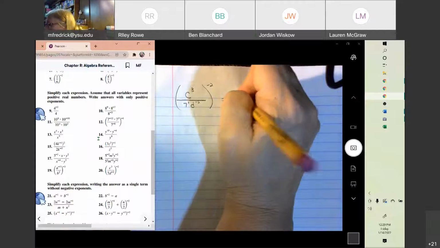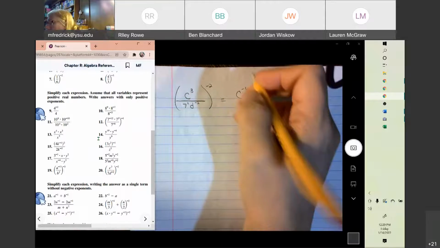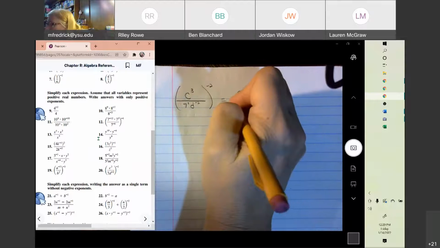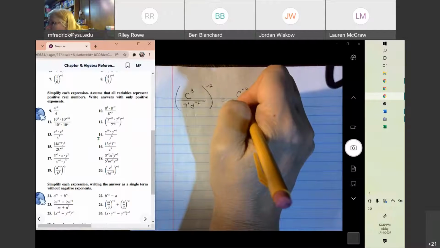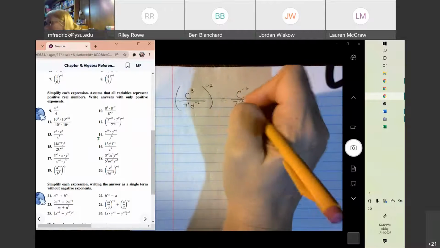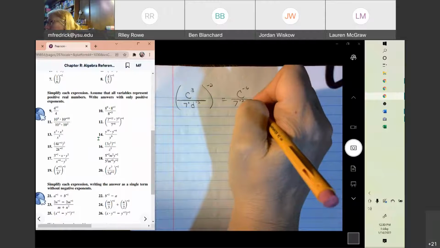So it would be c, 3 times a negative 2 is a negative 6. And it would be 7 to the negative 2, it's negative 2 times 1. And then d, negative 2 times negative 2 is a positive 4.